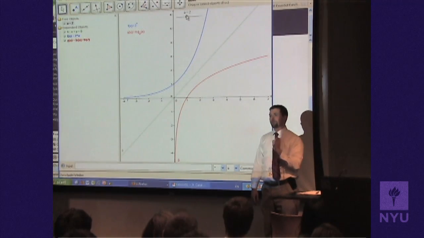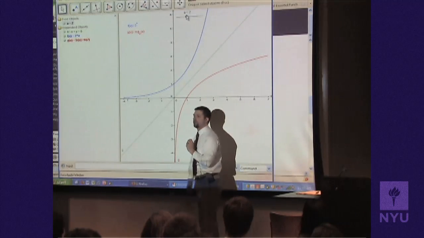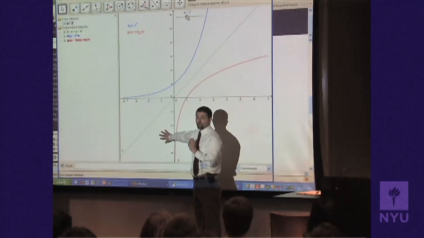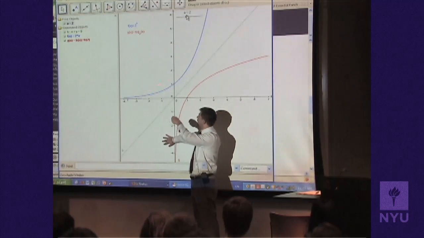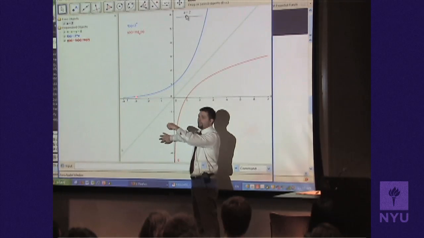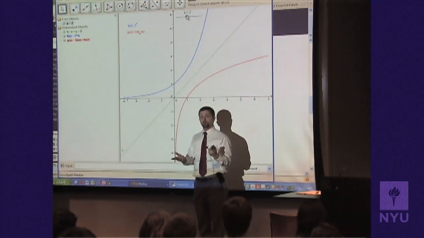Is it all real numbers? Okay, we're definitely not including negative numbers, right? Because the blue function doesn't go below the x-axis. Does the blue function hit the x-axis? No, there's no x for which 2 to the x equals 0. Okay, so the range is all positive numbers.